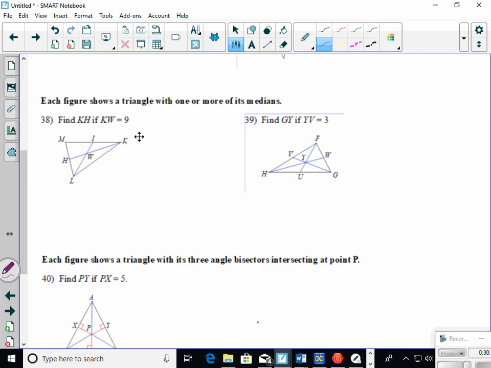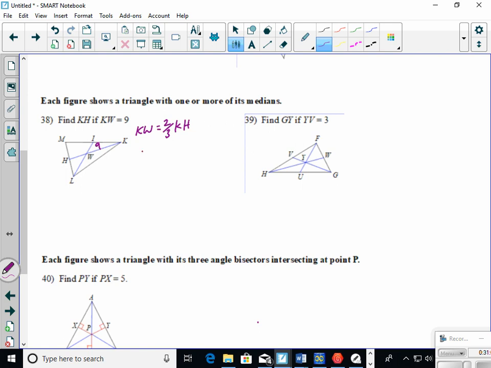So find KH if KW is 9. So that segment's 9. Then we want to know what the whole thing is. So KW has to be equal to 2/3 of KH. That's the rule we're following. The segment from the vertex to the centroid is 2/3 of the length of the entire segment.